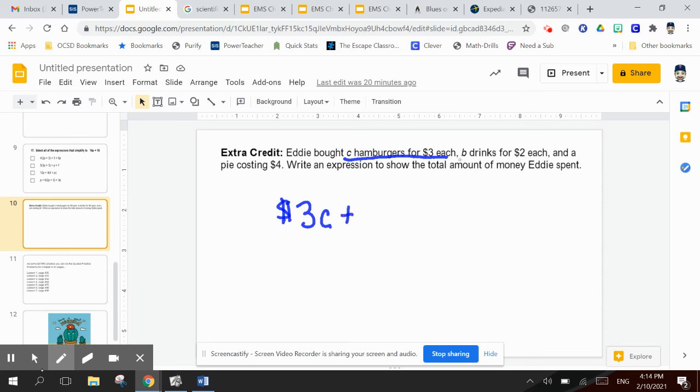Plus, I have B drinks costing $2 each, so I know he spent $2 on so many drinks, but how many drinks was it? I don't know. That's my variable. So I have plus 2B and a pie costing $4. So then he also spent $4 on a pie. That is your expression to show how much money he would have spent.